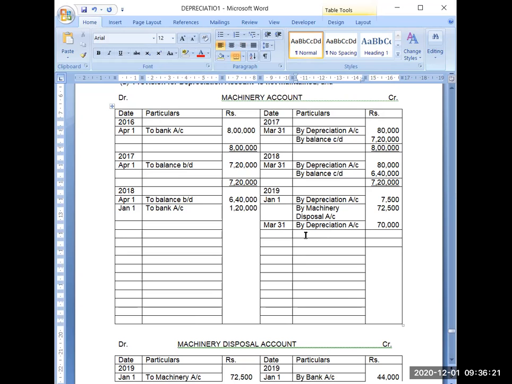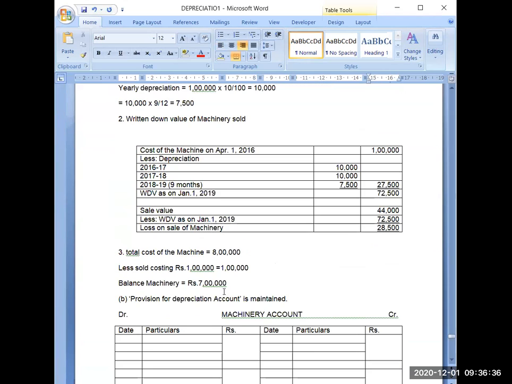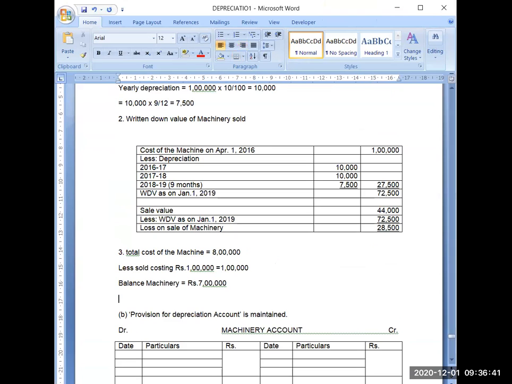So again we will be doing the journal entry by depreciation. Now at the rate of 10%, its depreciation will be 12,000. I will show you it as a working note here. 1,20,000 multiplied by 10 upon 100 multiplied by 3 upon 12.